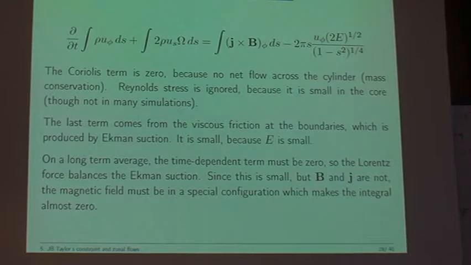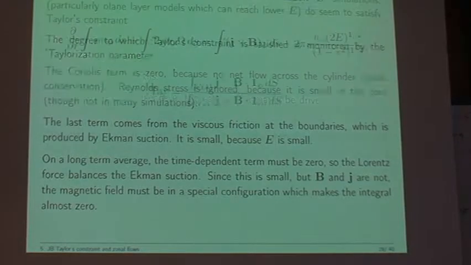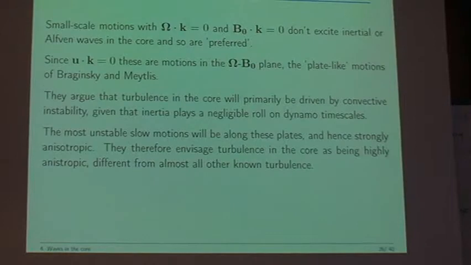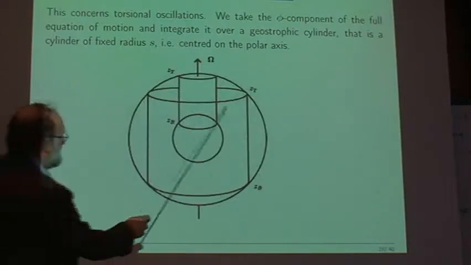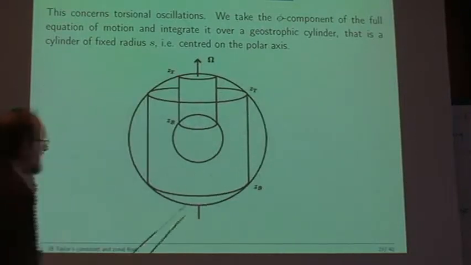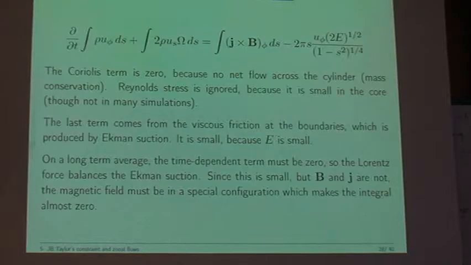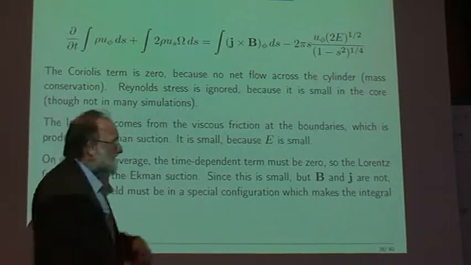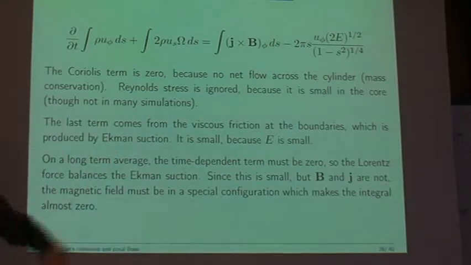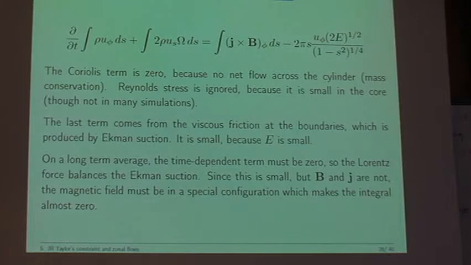Whatever comes in has got to come out of that cylinder. If you go back a step, you can see that whatever comes out there has got to come back in there, so that there can be no net flow. So that's important. The Coriolis term vanishes. The pressure term is dP by d phi. Take the phi component, of course, integrate dP by d phi around the circle, you get naught, because you get back to where you started.